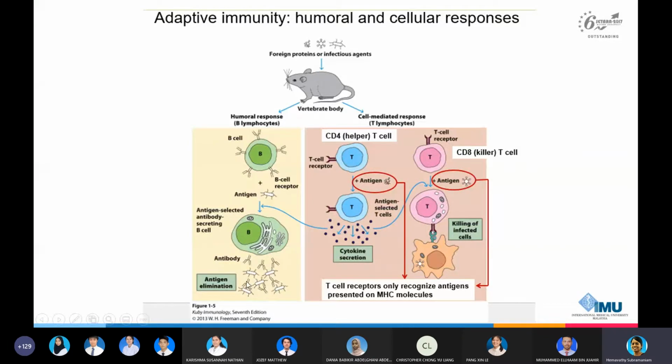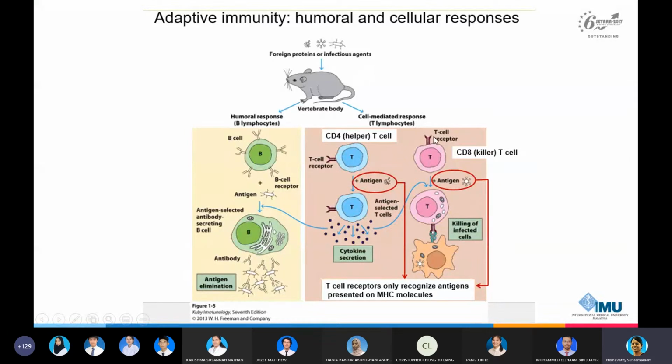As for the cell-mediated immunity, if you could see here, you have T cell receptors. This is for T helper, and this is for cytotoxic T or cytolytic T. In this case, it's mentioned as killer T. They are the same. So you have the T cell receptor here. Once the antigen is recognized as non-self, if you could see here, direct killing is happening.